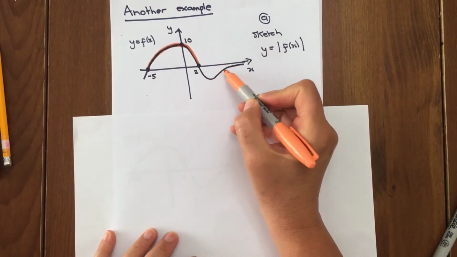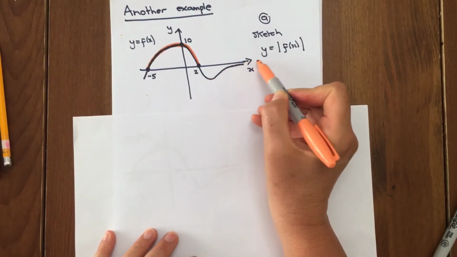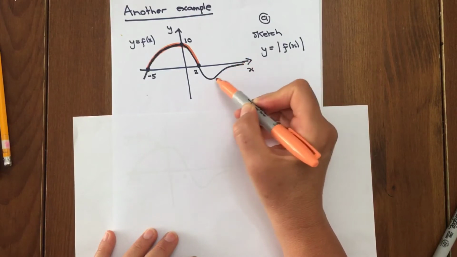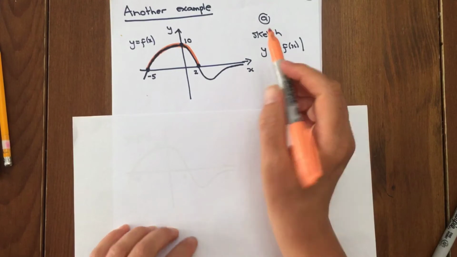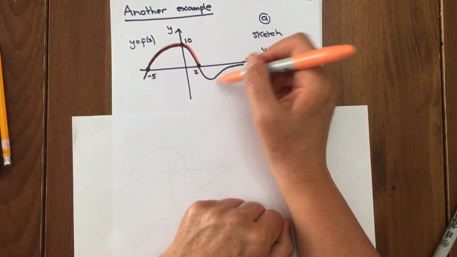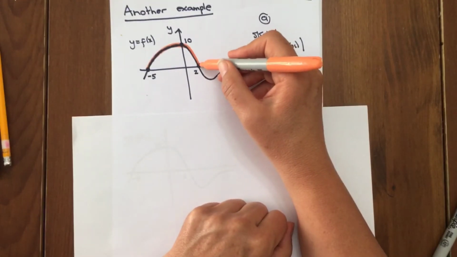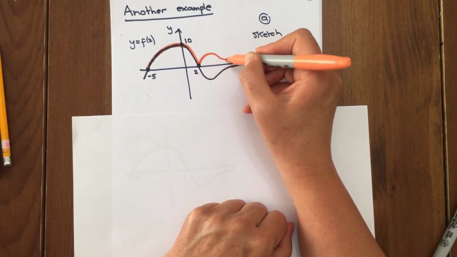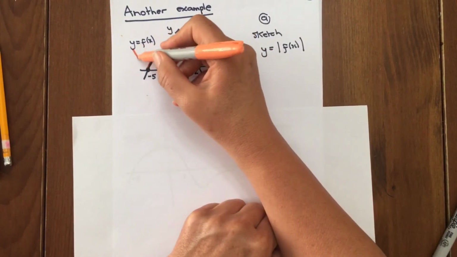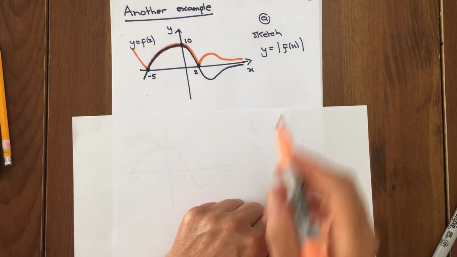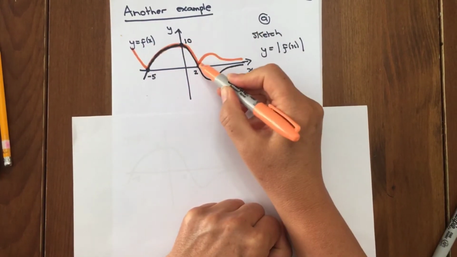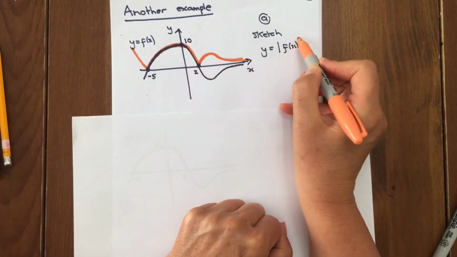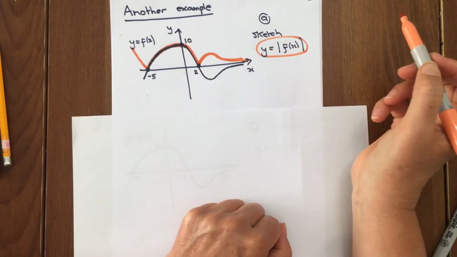Now this graph here is tending towards the x-axis, so I've got an asymptote here, but it doesn't actually quite touch it. Now everything beneath the x-axis will reflect above the x-axis, so I get this. Okay, so the pink, or this orangey pink colour, is now the solution.